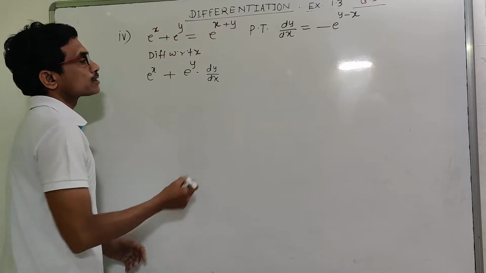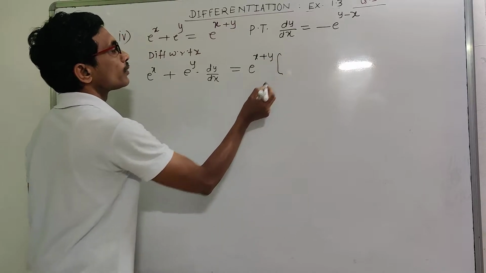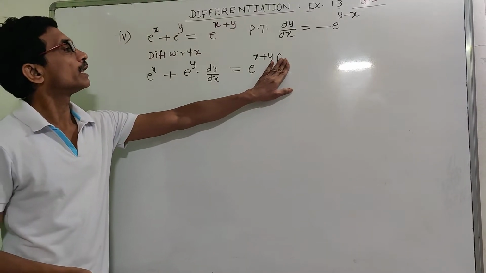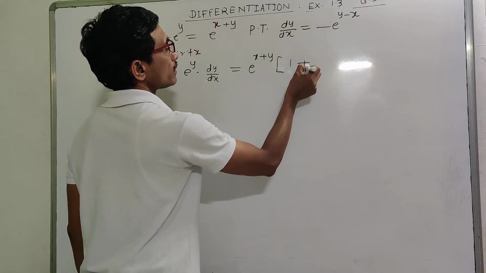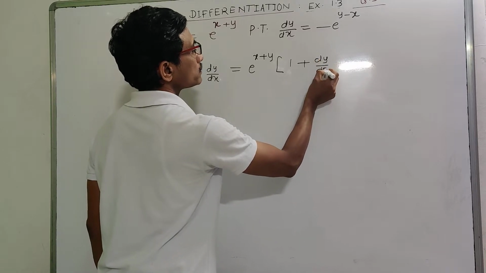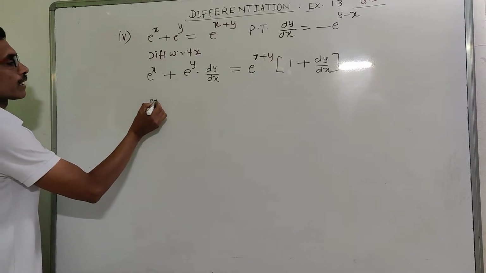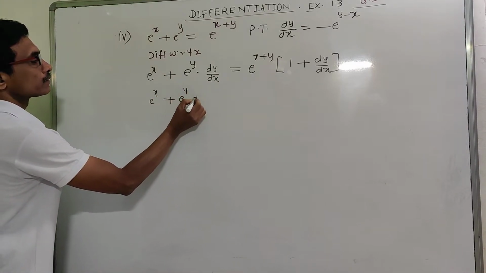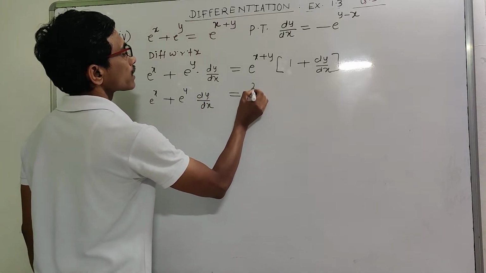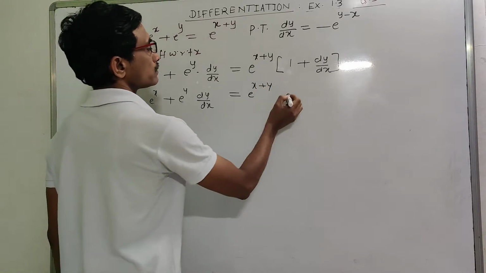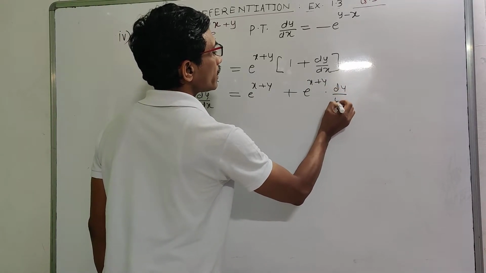Derivative of e raised to power x plus y, it is e raised to power x plus y into derivative of x plus y, derivative of x is 1, derivative of y is dy by dx. e raised to power x plus e raised to power y dy by dx equals e raised to power x plus y plus e raised to power x plus y into dy by dx.